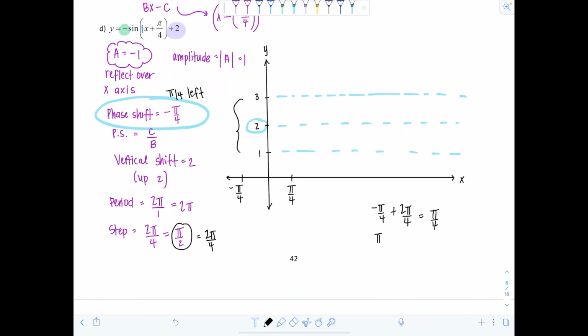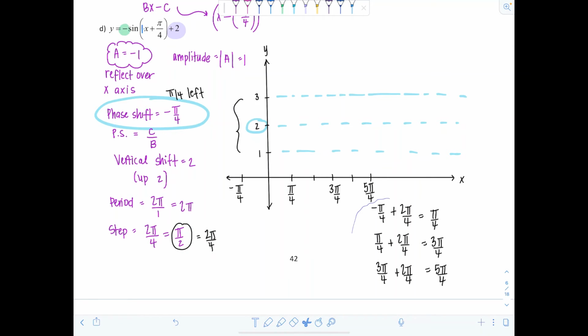Then take that one, add another 2 pi/4. Now we're at 3 pi/4. Okay. Take 3 pi/4, add another 2 pi/4. Now we're at 5 pi/4. Bam.